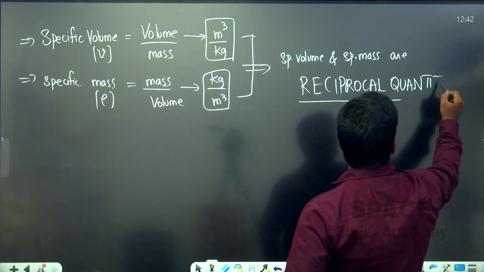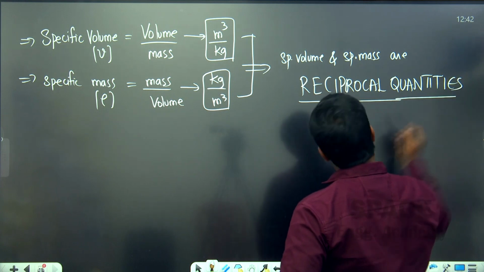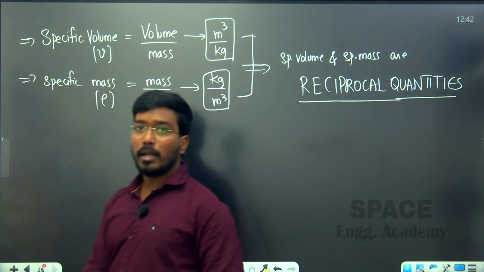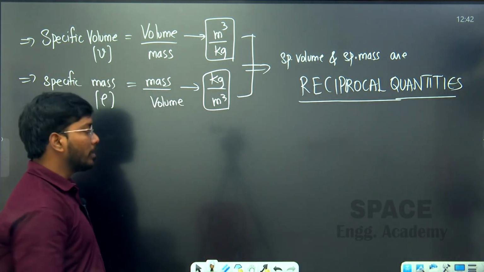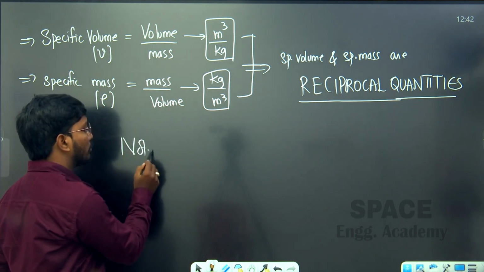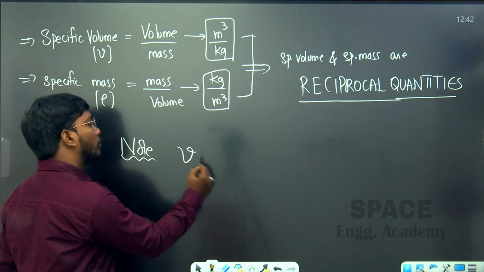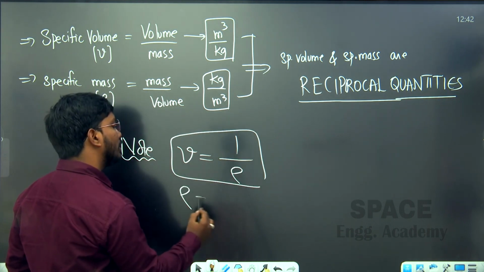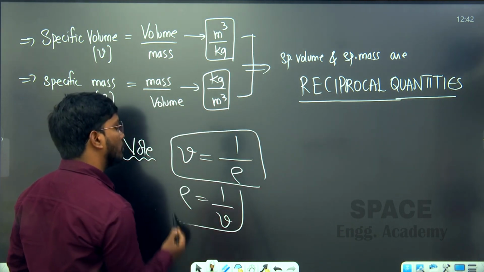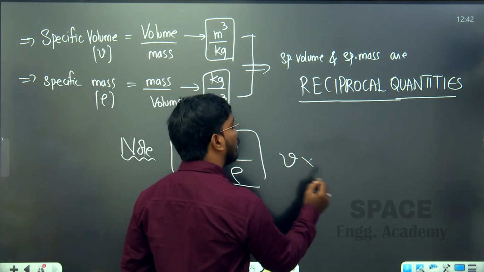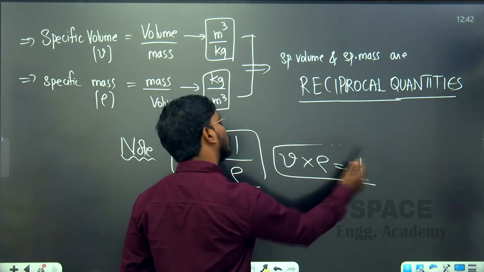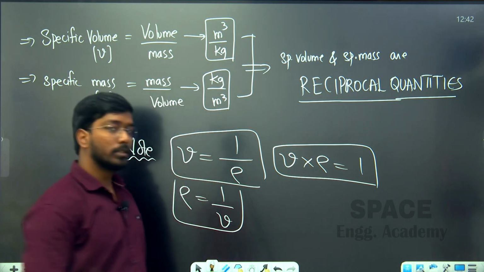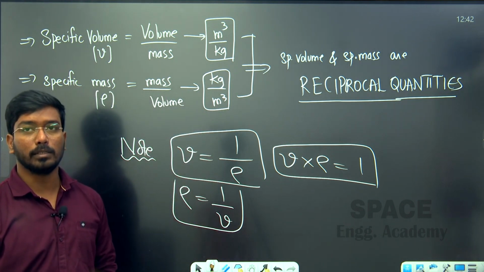So what can we write based on these reciprocal quantities? Note: specific volume is 1 by density, density is 1 by specific volume, specific volume into density is equal to 1. Go through it, both are reciprocal quantities.